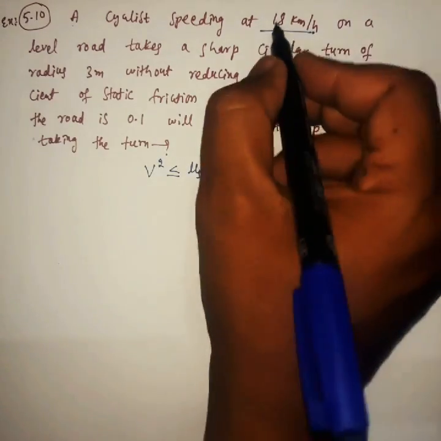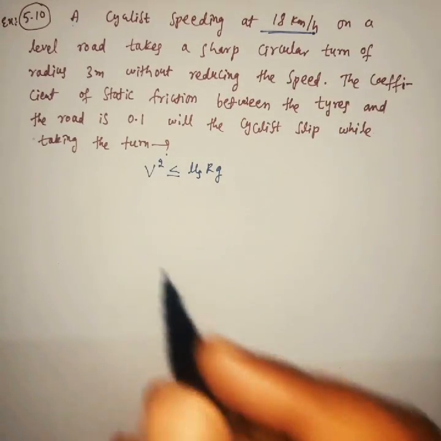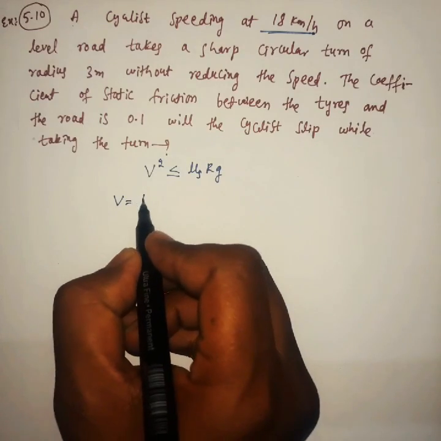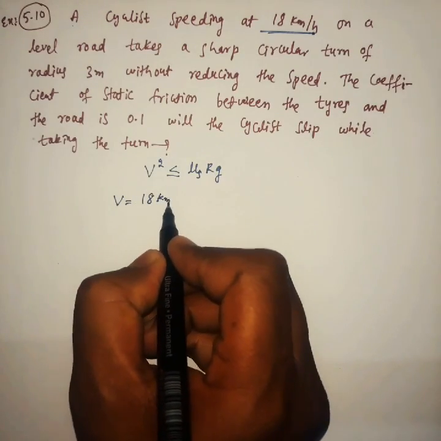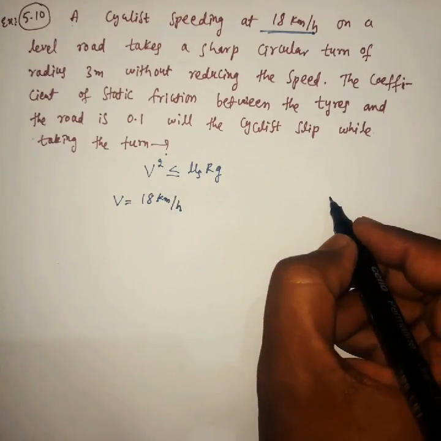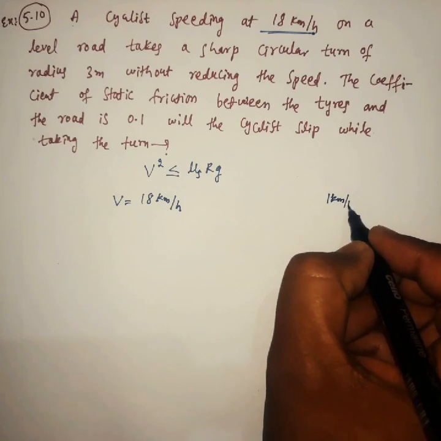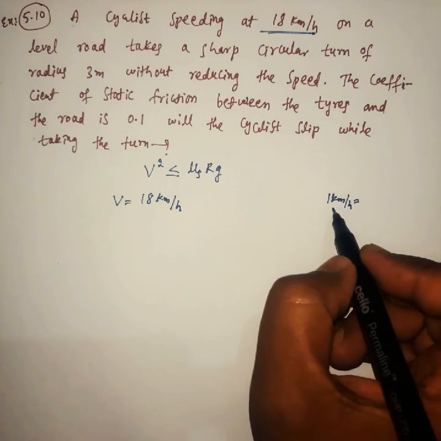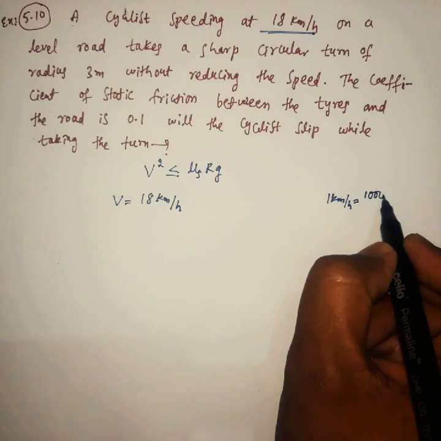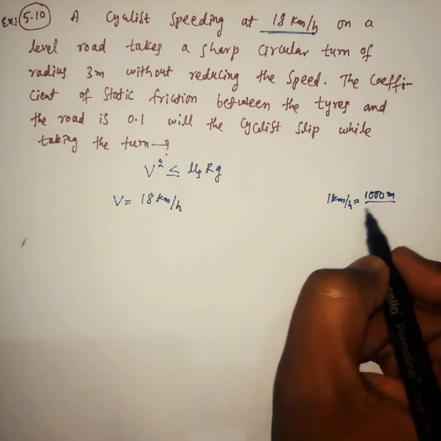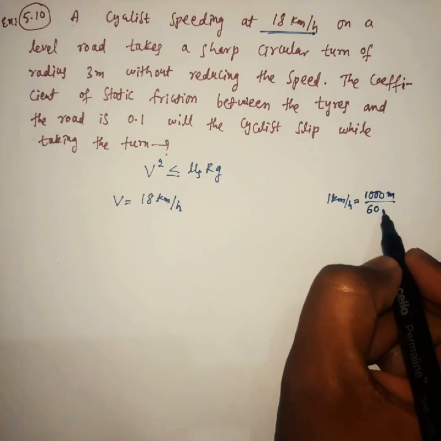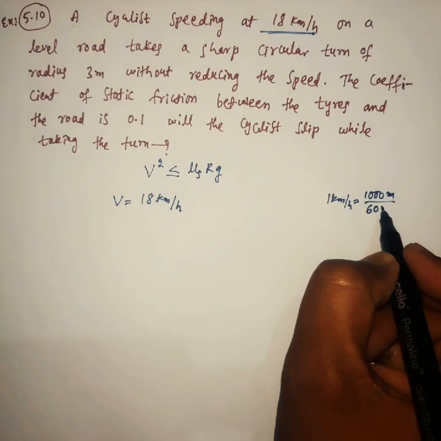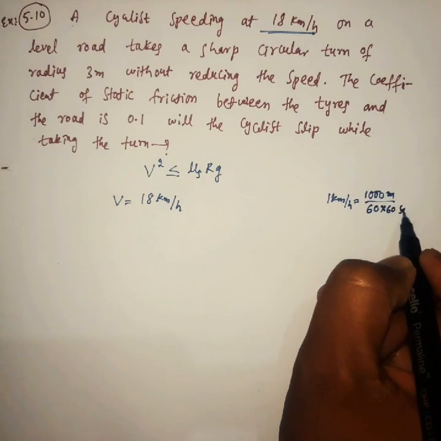How much is it? 18 km per hour. So here V is equal to 18 km per hour. But 1 km per hour is equal to how much? Here kilo means 1000 meter, by 1 hour, which is equal to 60 minutes, so 1 minute is equal to 60 seconds.